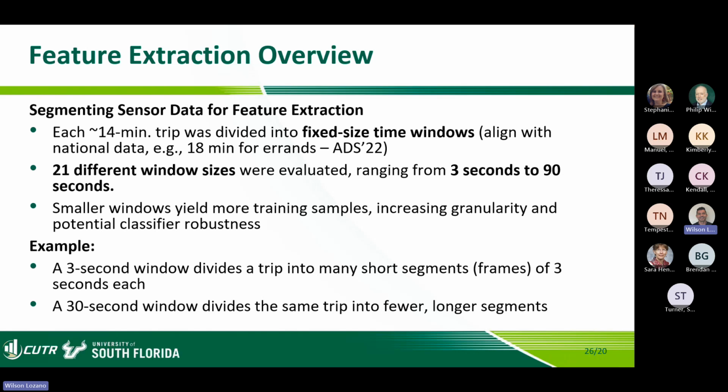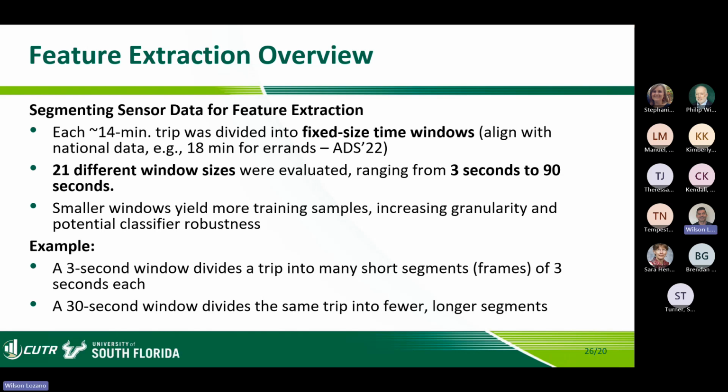I'm sorry, this parenthesis should go in a previous slide, when we were mentioning that the trip was 14 minutes, which aligns with national data of 18 minutes for running errands. So in general terms, every one of our trips is approximately 40 minutes long for data.